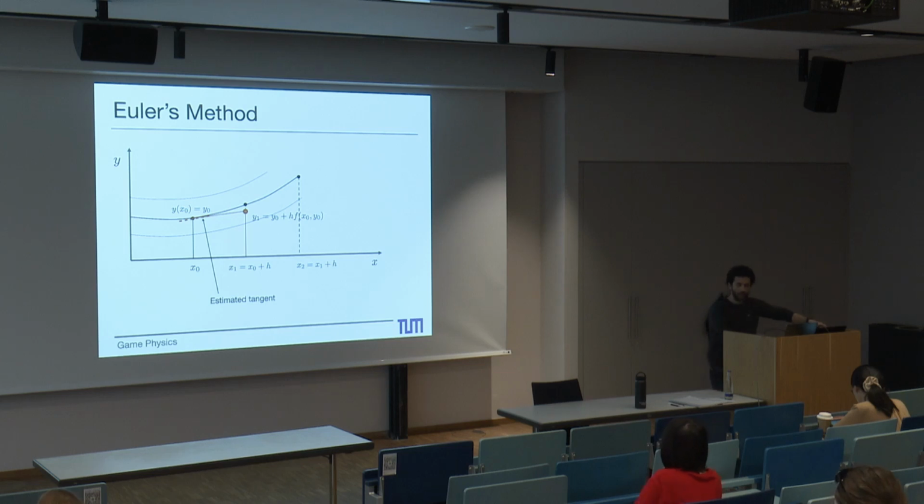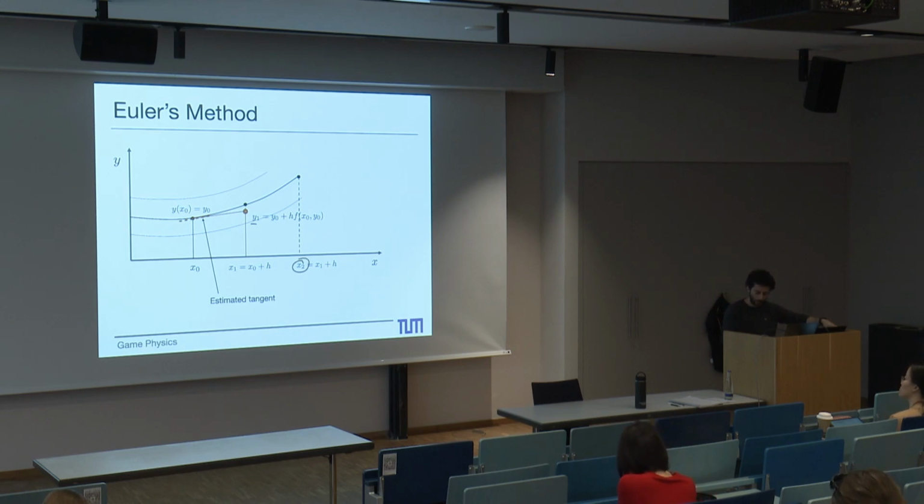Now, what is happening here is that once we got our first point and our approximation, then we can advance in time to another point. So we compute again the free variable on another step. We estimate the tangent not here, but here.